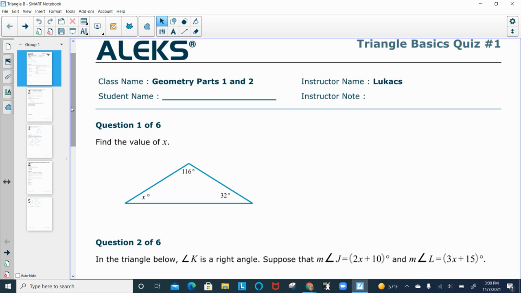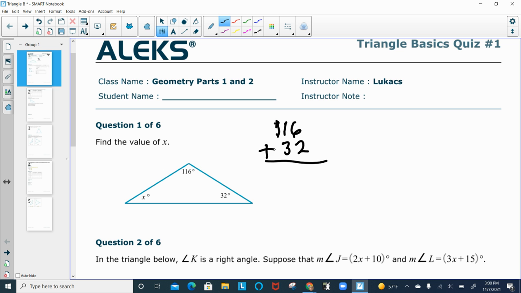Okay, so question number 1 says find the value of x. And all of these values of x are in degrees. You can see the little degree sign. And we remember that the triangle has 180 degrees. So we're going to add the 116 and the 32. And I can add that here pretty easily.